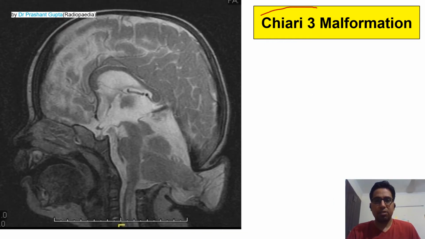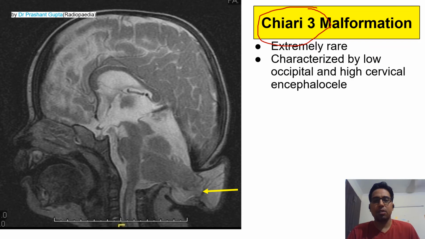Next, we have Chiari 3 malformations. What are Chiari 3 malformations? Chiari 3 malformations are extremely rare, and they are usually seen in neonates because they are very severe, and they present immediately after birth. They are characterized by an encephalocele which usually lies in the occipital region or high cervical region.